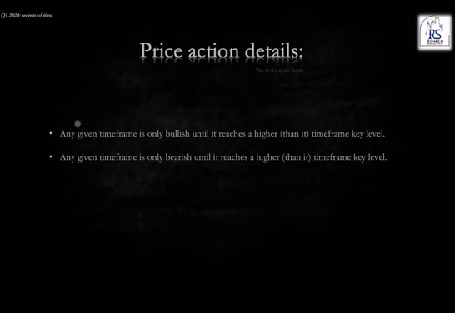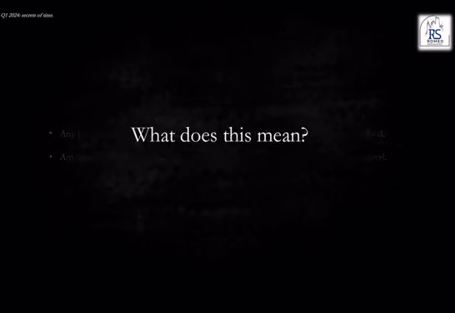Any given time frame is only bullish until it reaches a higher time frame key level. Any given time frame is only bearish until it reaches a higher time frame key level. What does this mean?